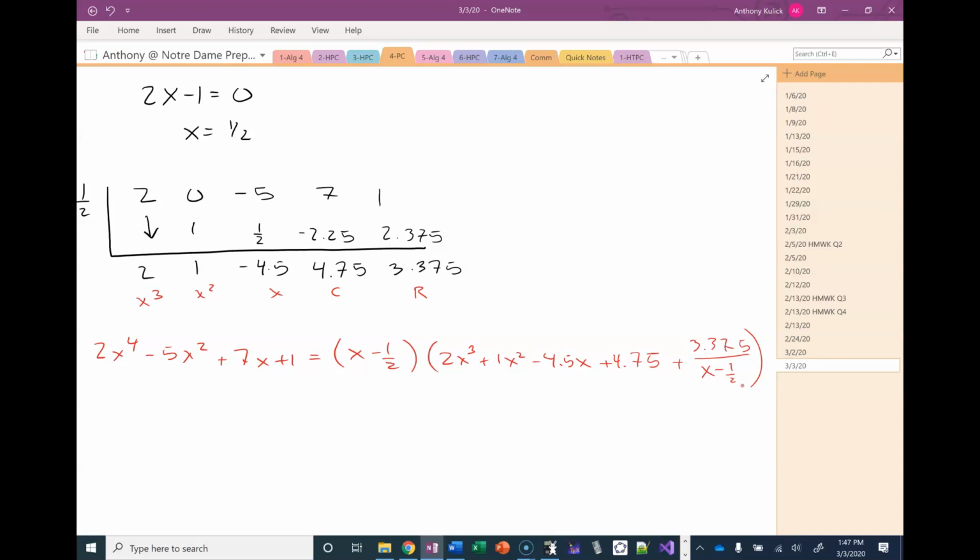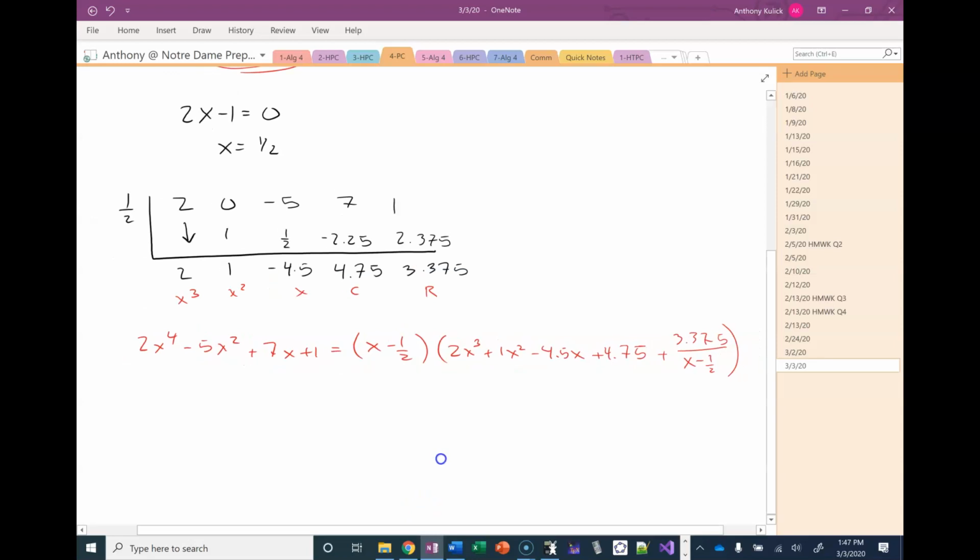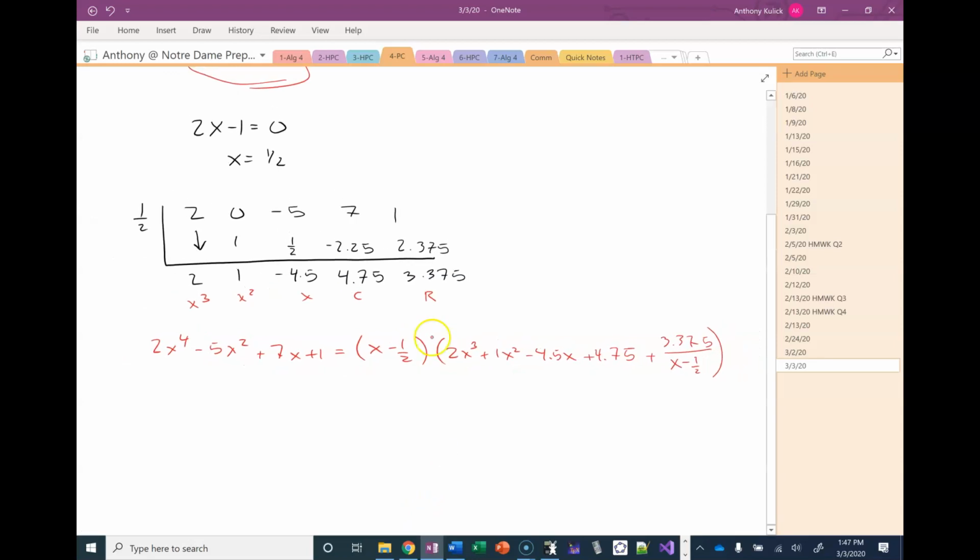Everybody's okay here. Okay. So if I divide both sides by x minus 1/2, I get this.